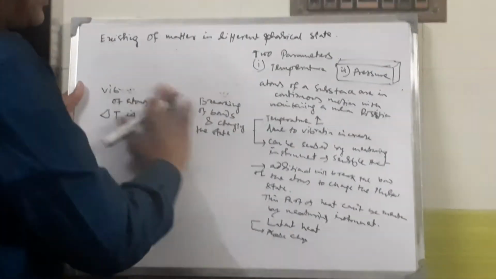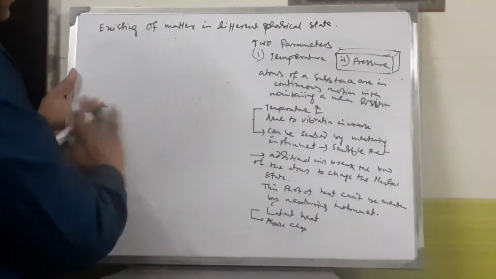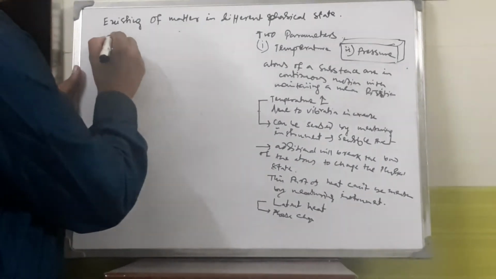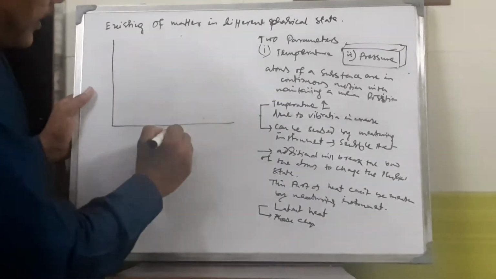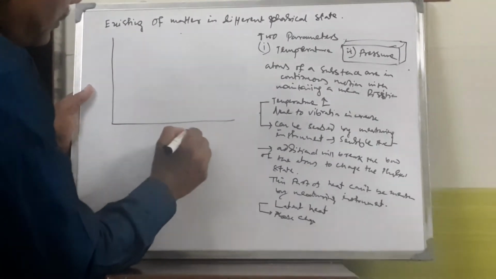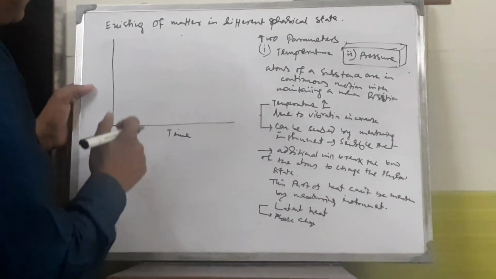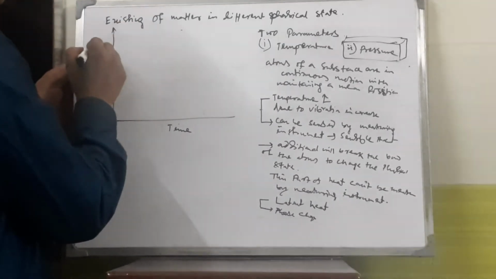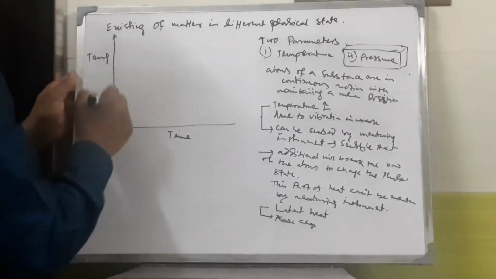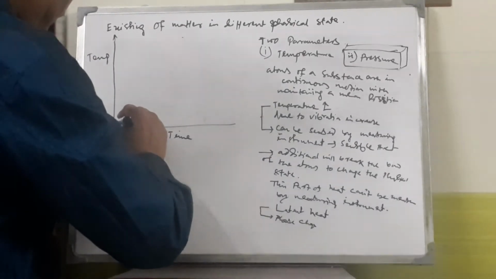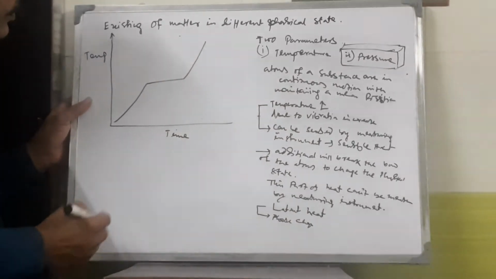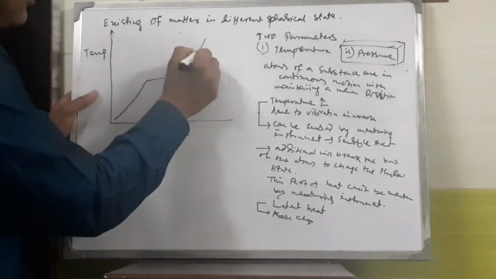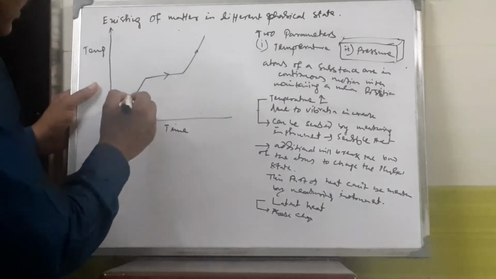Now, if we consider the diagram for melting, this is the time axis, the independent variable, and this is the temperature. Then the upper change of state is like this.